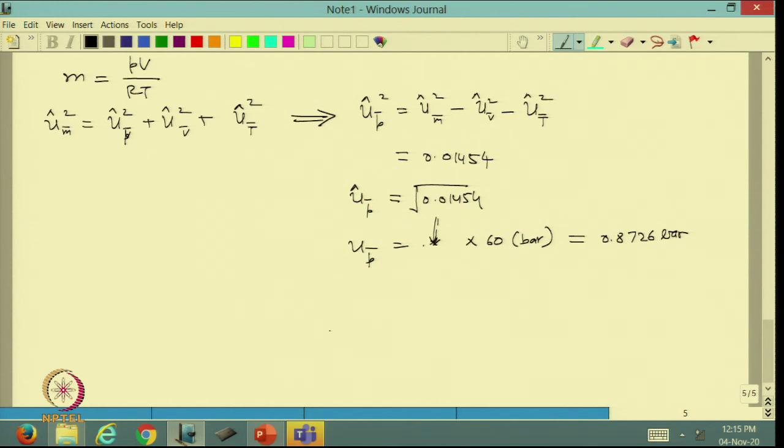No, okay, there is something not right. If you take the square root of this, it will be about 0.2, roughly 0.2 something.